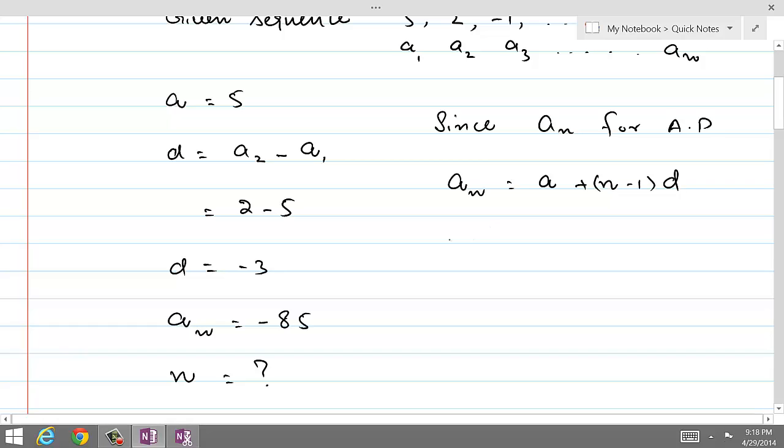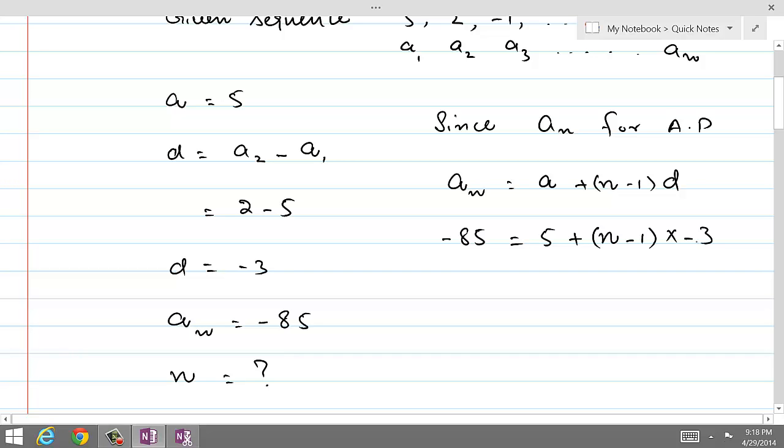So AN, which is -85, let's write down the value: -85 is equal to, for A we substitute 5, plus N, which we need to find out, into D. For D we have -3.